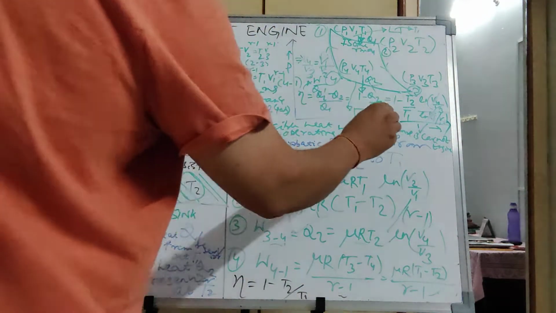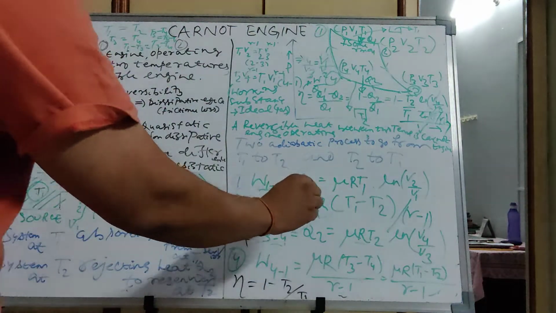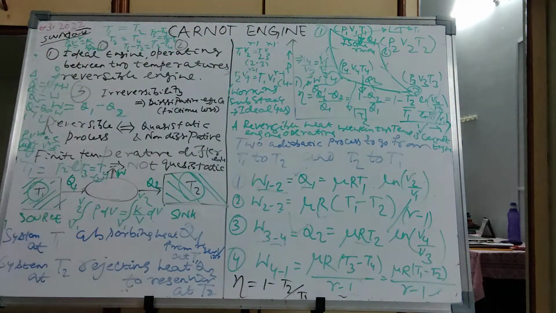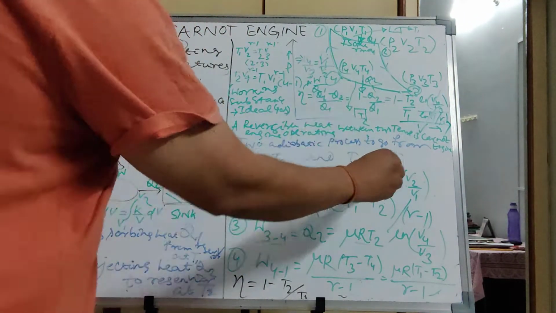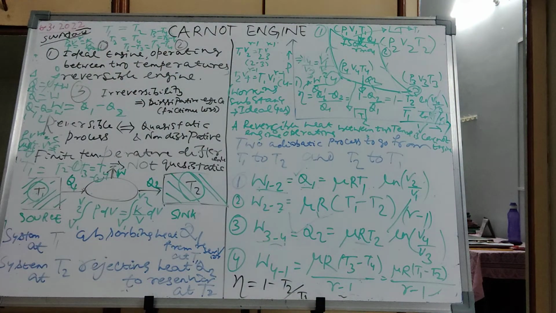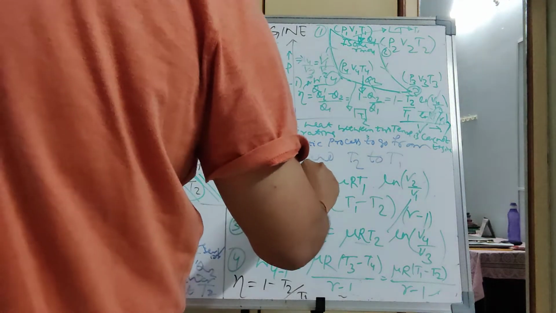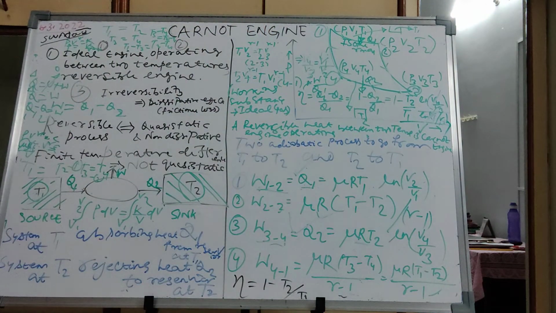So in the efficiency term, you just replace Q1 with the work done, because whatever heat you are putting, that is doing the work. There is no change in internal energy, right? In an isothermal process, whatever heat you put in is doing the work, where temperature remains constant. That's why heat input is equal to work done in isothermal.